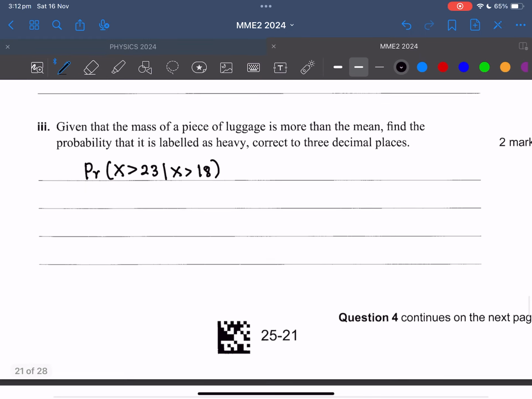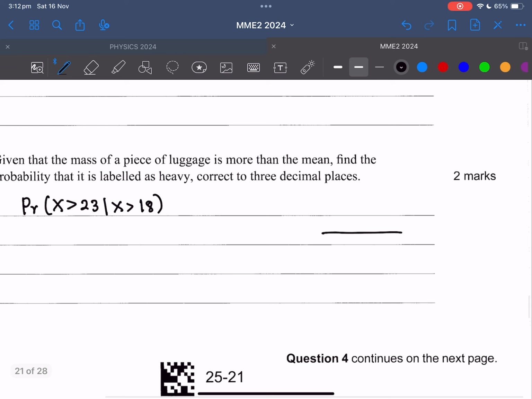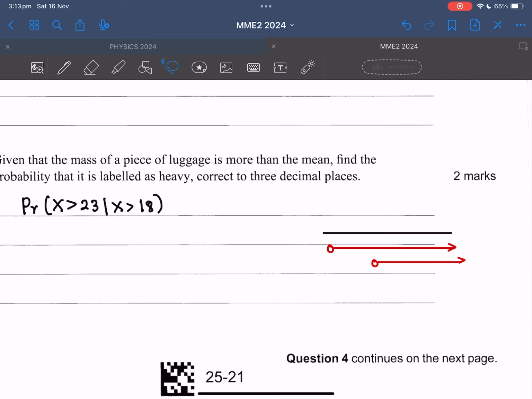Yeah, okay, cool. So if I were to draw a number line real quick, so we'll have 18, we are going from here, and then 23, we are going from here. Okay, I just realized I drew the number line in the wrong place. Maybe this would be better. Okay, so the intersection is basically going to be here somewhere, right?